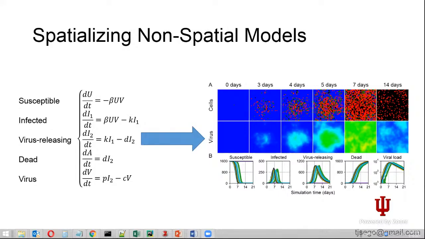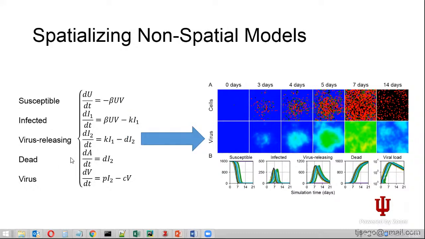The first project is a new technique that we've developed and have just started to really explore, which is to start with something like a non-spatial ODE model. In this case, shown here on the left, this is just for a simple infection model. They have some virus that's infecting some susceptible cells, and they're moving through a viral life cycle and eventually dying.